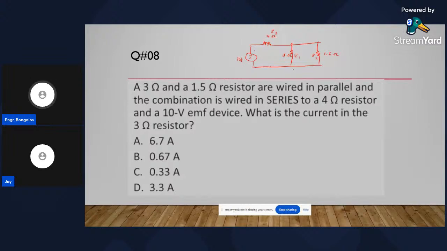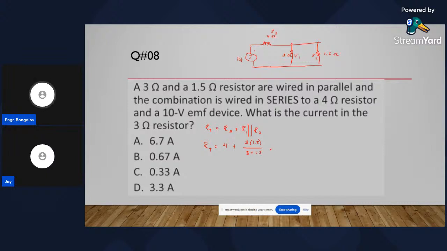So, solve muna natin yung total resistance niya para makuha natin yung current. So, R total is equal to R3 plus the parallel combination of R1 and R2. So, yung R total natin is 4 ohms plus R1 times R2, so 3 times 1.5 over 3 plus 1.5.